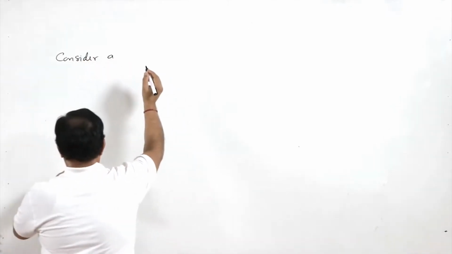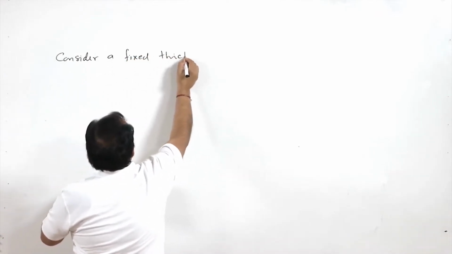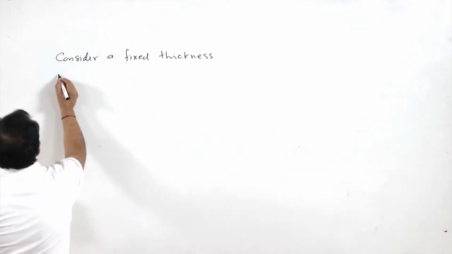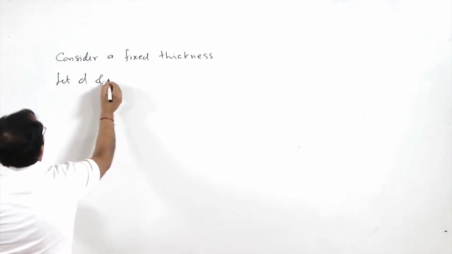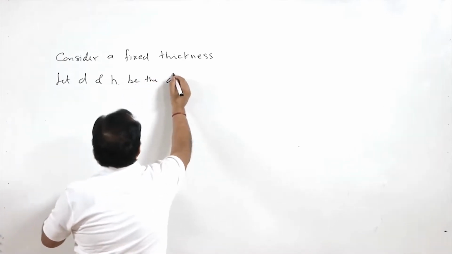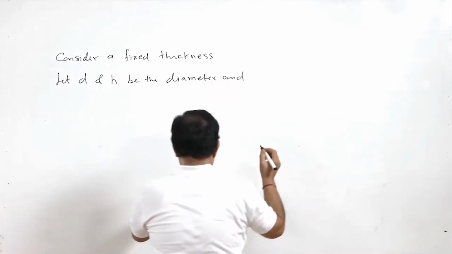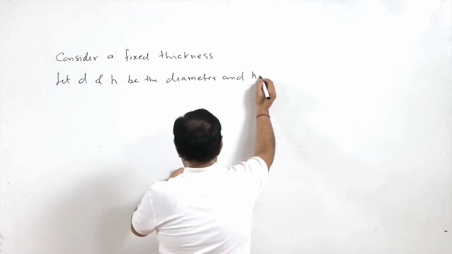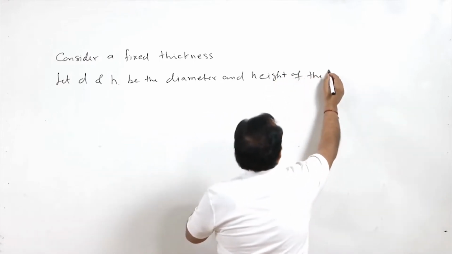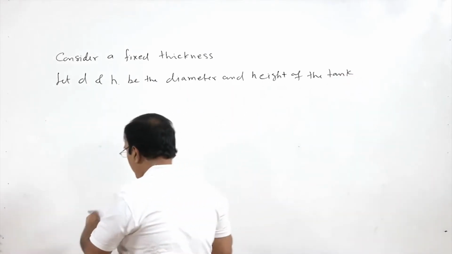Consider a fixed thickness and let D and H be the diameter and height of the tank, where D is the diameter and H is the height of the tank.